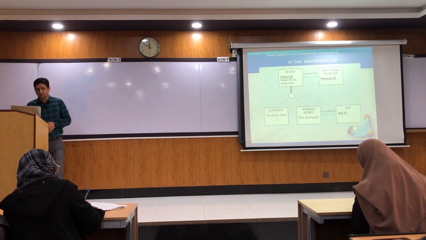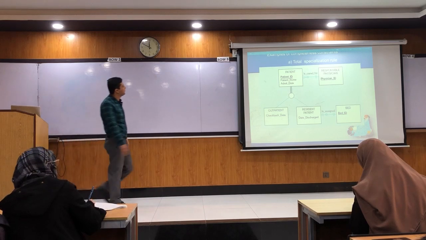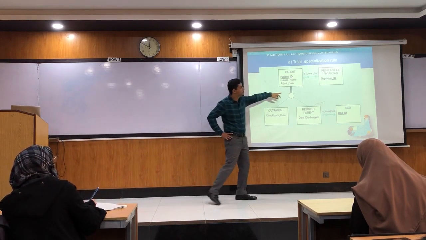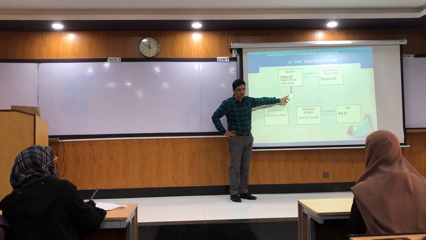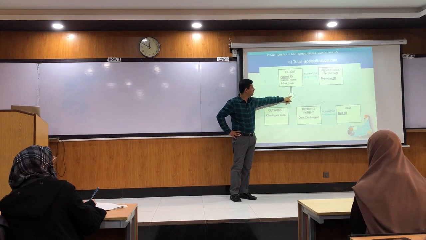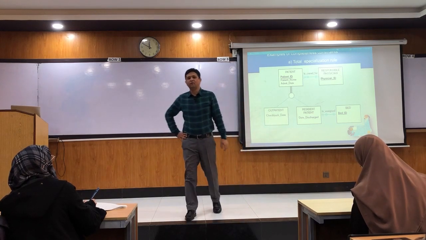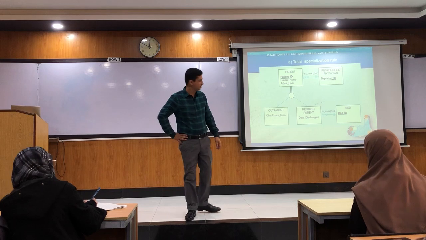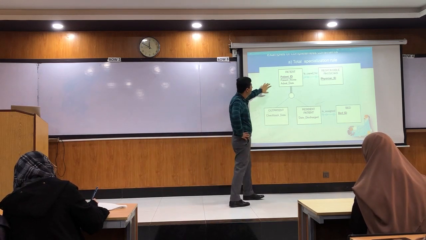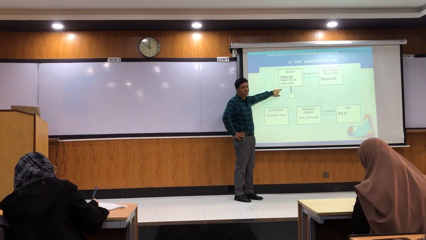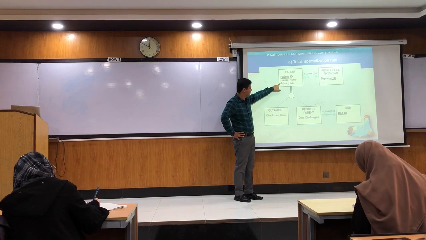This is the notation used to represent the total specialization. Whenever there are two lines between the circle and the supertype, there would be a total specialization. In this particular case, we can have an instance of patient.